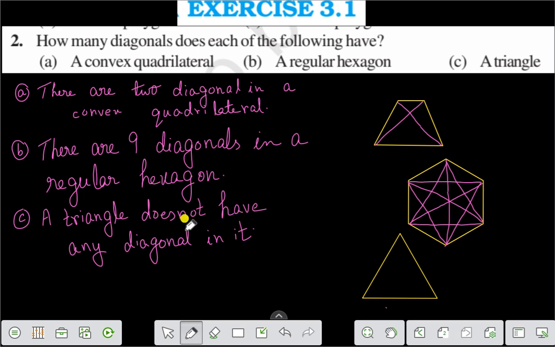That means we find that there are two diagonals in a convex quadrilateral, there are 9 diagonals in a regular hexagon, and a triangle does not have any diagonal in it.